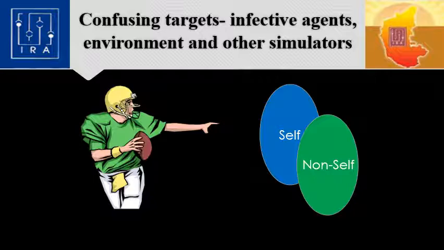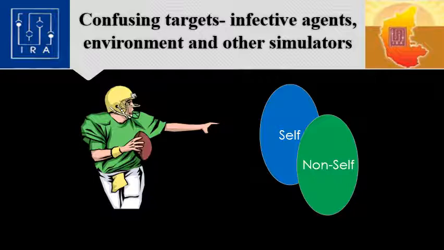Or sometimes it may identify a cell as if it has been infected, and when it is going to eliminate that cell, it may pick it up as an antigen or a protein or something which is non-self, and start shooting at these particular proteins. So the confusion of target, like infective agents, environmental and other simulators, may confuse the immune system to mount an immune response against some of the self proteins.